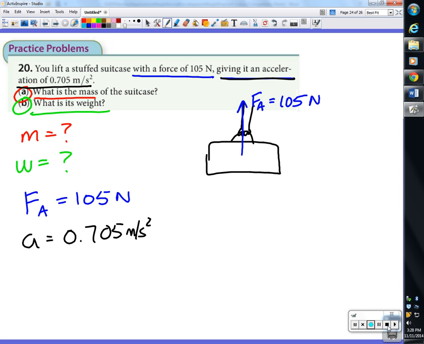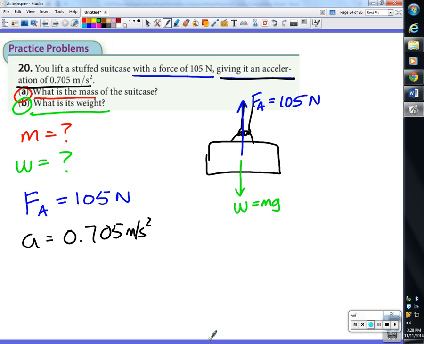Now, a free body diagram shows the forces. There is another force acting on this object. The weight of that object is caused by gravity and therefore acts in a downward direction. We don't know what that value is yet, but we do know that it's equal to m times g.